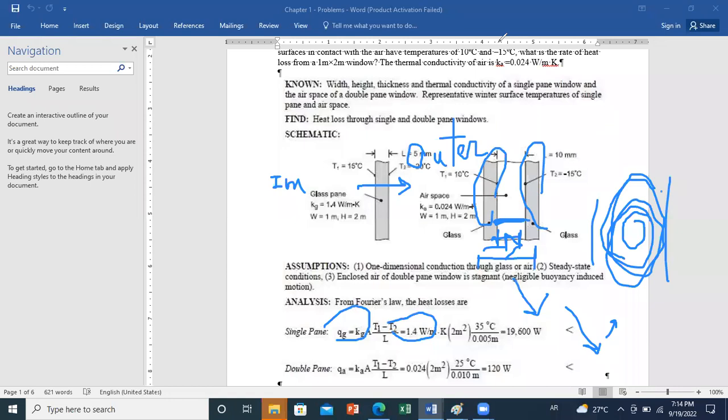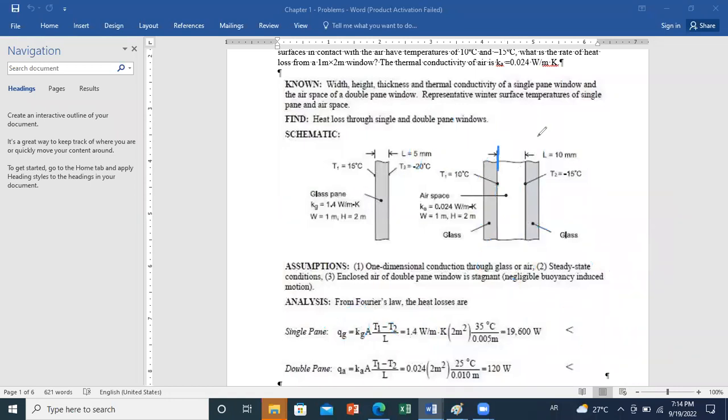So here, for example, if we put a thickness of 10 millimeter of air, we want to see what is the conductive flux through air. We can calculate it if we know the temperature at the inner side and the outer side of this layer.